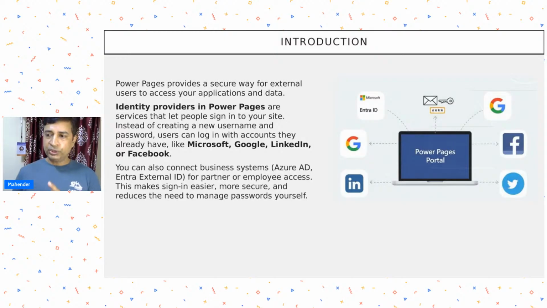Using these options, we don't need to set up a new user and a new password. We can reuse an existing account, whether it is Microsoft, Google, or a social media account. Using that account we can configure it here, and then use Power Pages with it. So that is basically less effort. We don't need to additionally set up and maintain those things ourselves. So that's what the identity provider is.